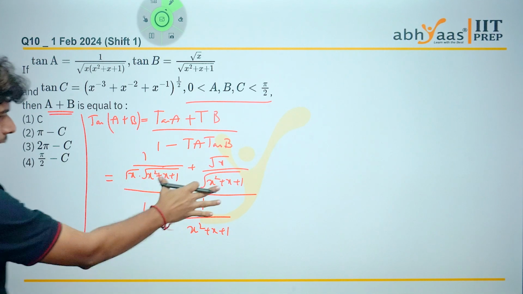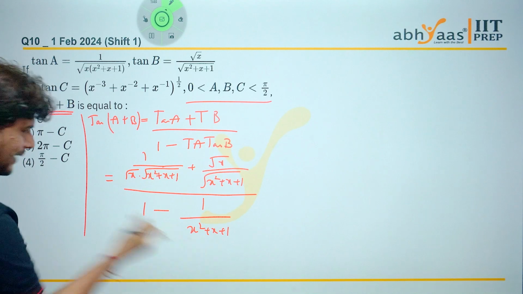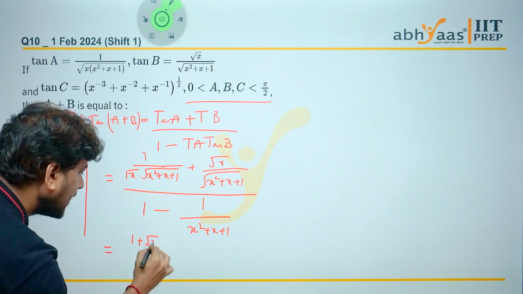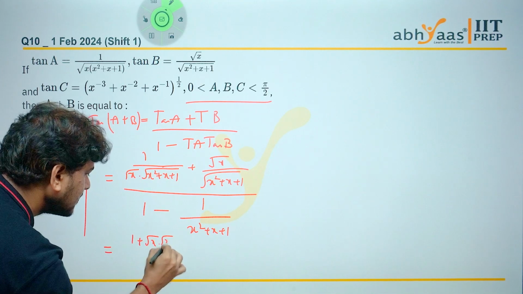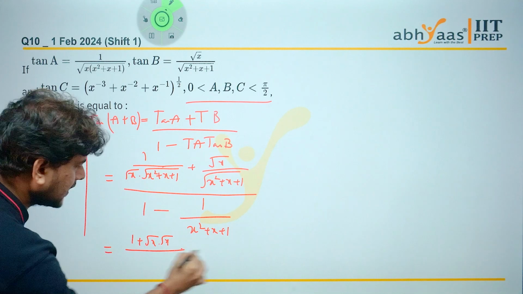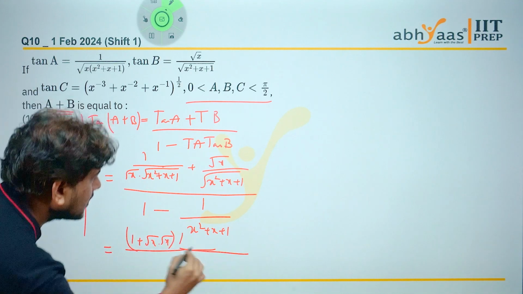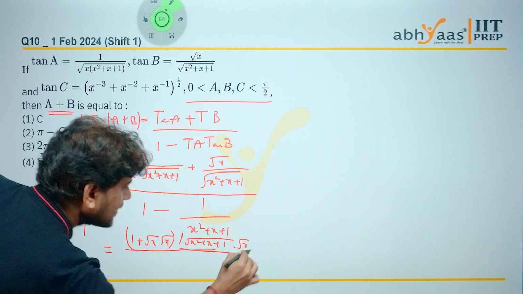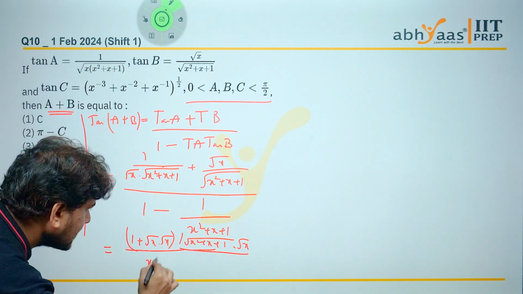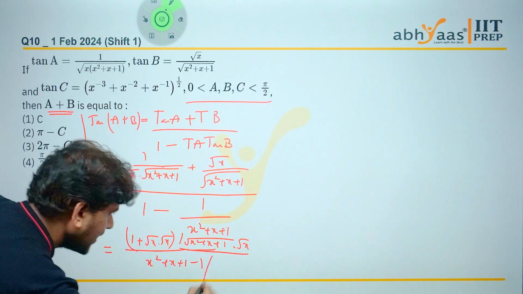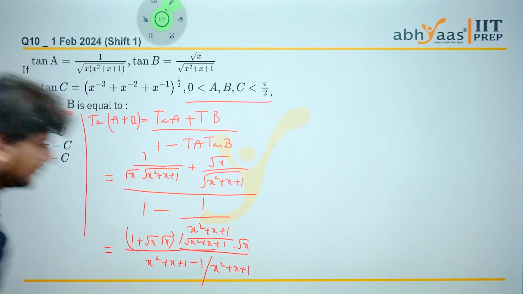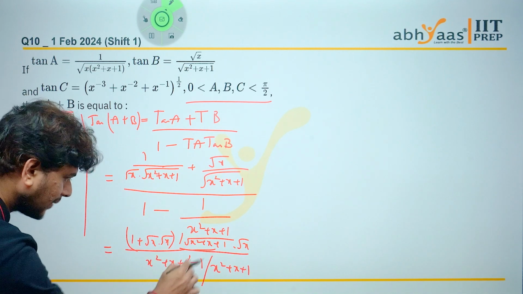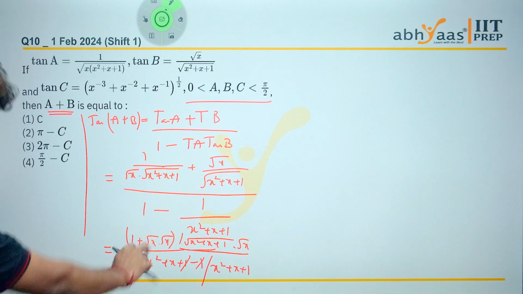Now we have to take the LCM here and here, so that will be 1 plus root x into root x by x square plus x plus 1, minus 1 by x square plus x plus 1. Here plus 1 minus 1 get cancelled and we can write this as 1 plus x.